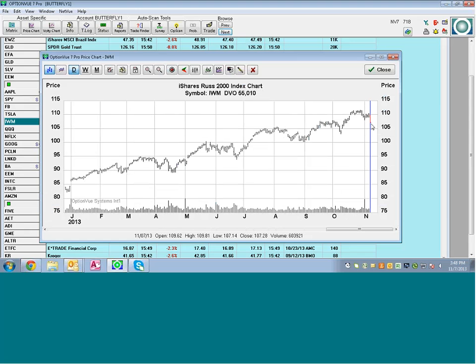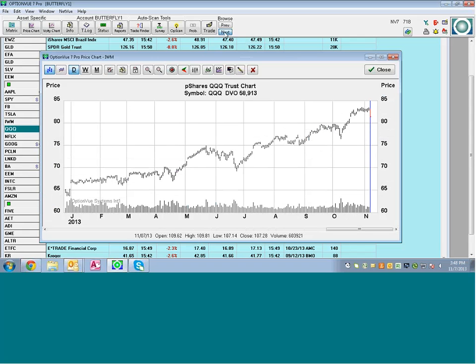Again, today it dropped a little bit, opening at 109 and closing at 107. With your background in technical analysis, you can scroll through these price charts. Here again, we started at 65 back in January and we're at a close of 81 today. That's really nice upward momentum on the QQQs.